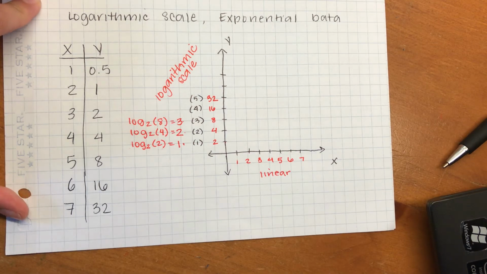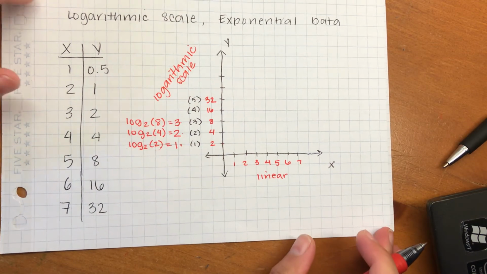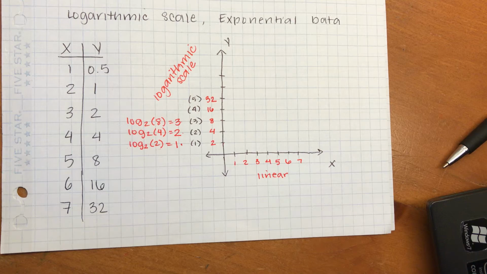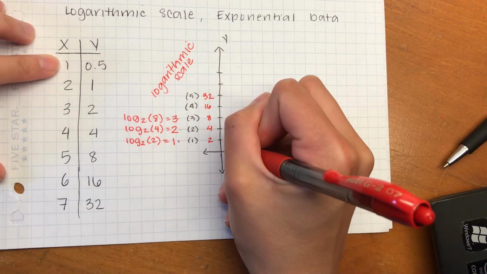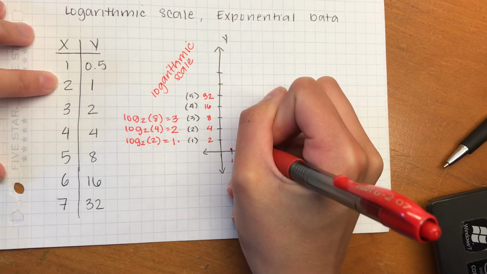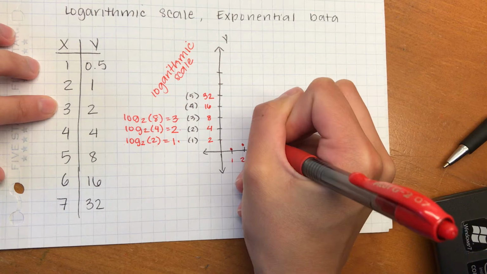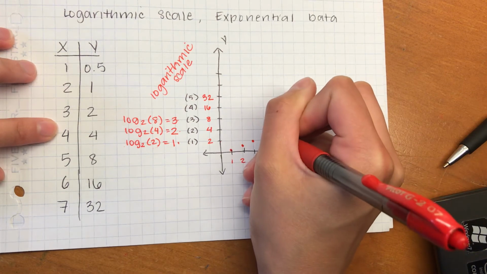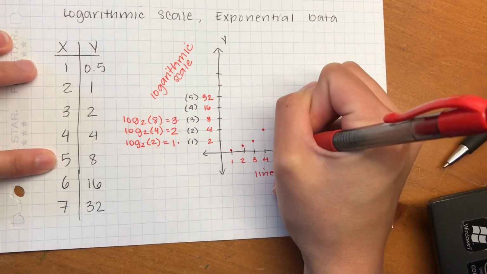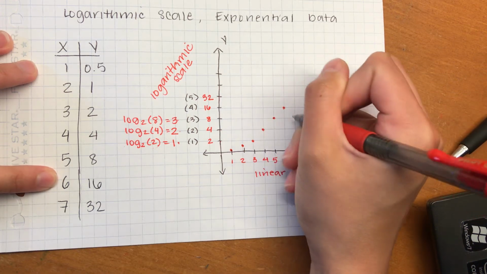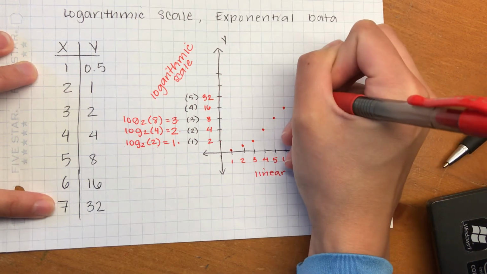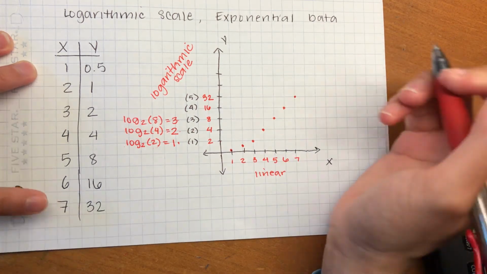We are multiplying each time. We have a logarithmic scale. Now when I graph my exponential data, and I graph the point 1, 0.5, I know that's going to be somewhere down here. 2, 1, 3, 2, 4, 4, 5, 8, 6, 16, and 7, 32.